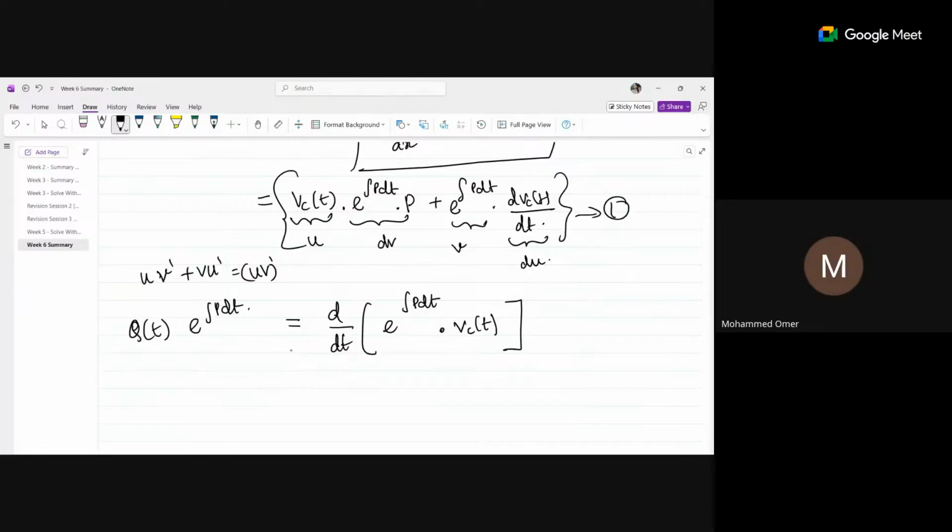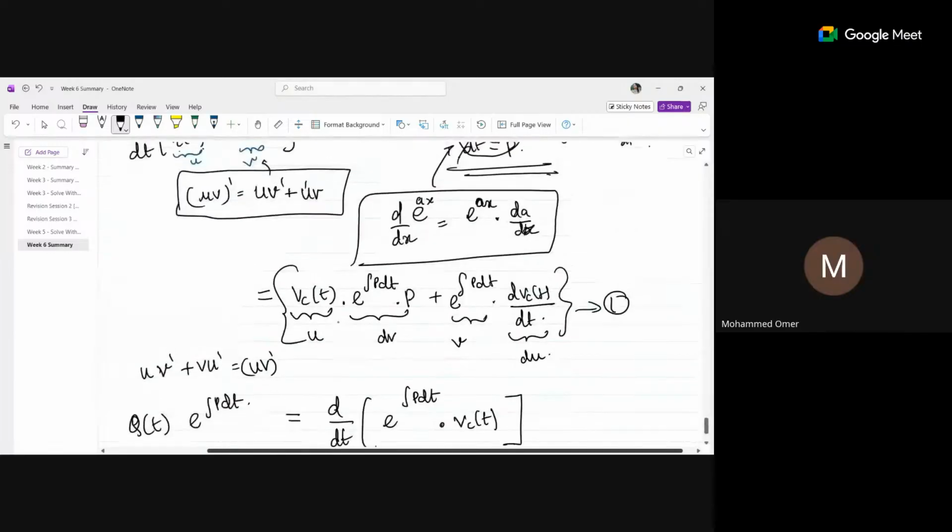Ma'am, differentiation of e power ax should be a into e power ax. You wrote it as dA by dx, I guess. Yes, differentiating with respect to x.